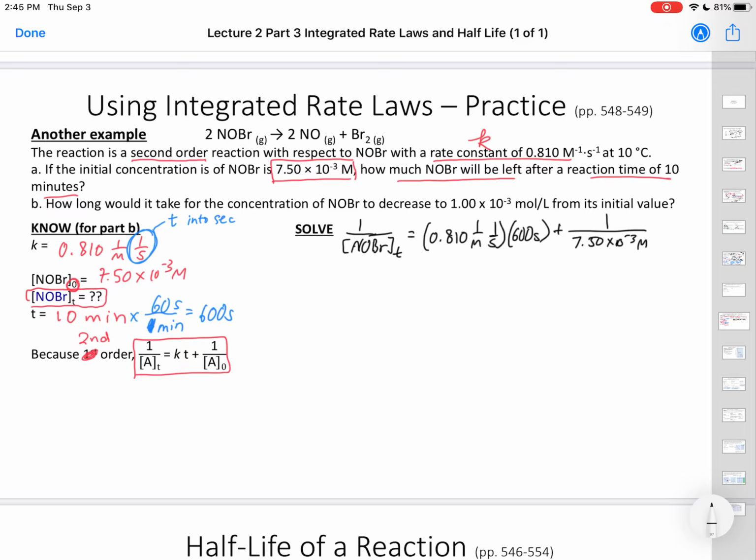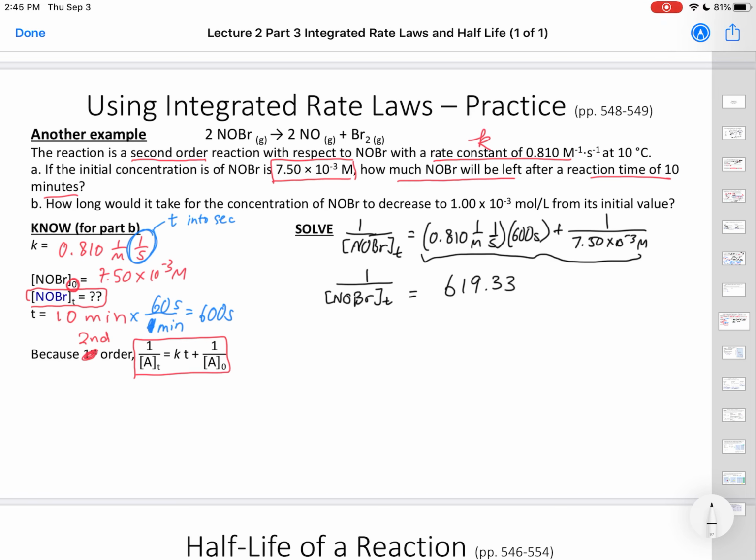So I'm solving for 1 over NOBr. So if I do all of this in my calculator, I'm just going to write the number down. I get 619.33, and I'm just bringing this down here.